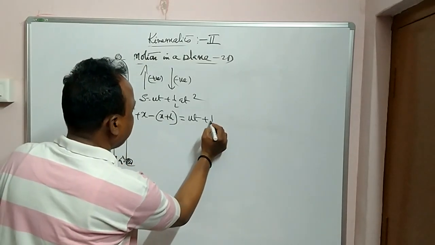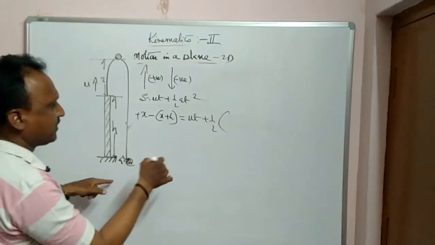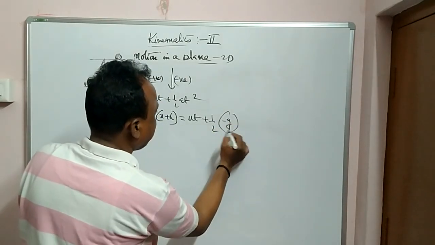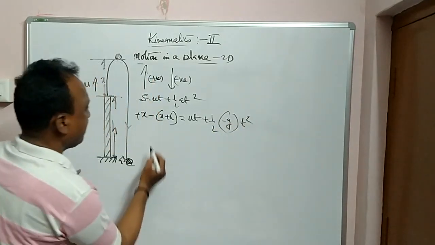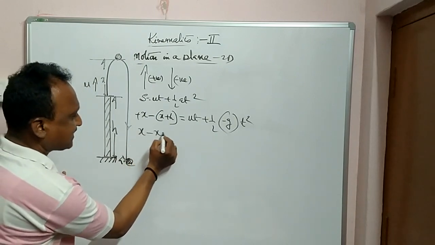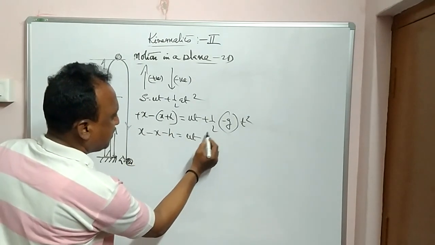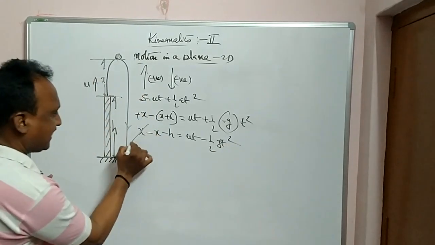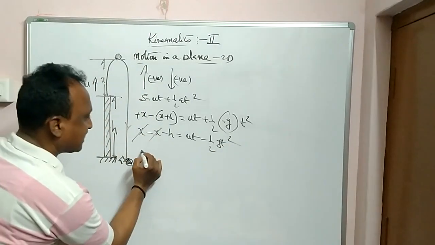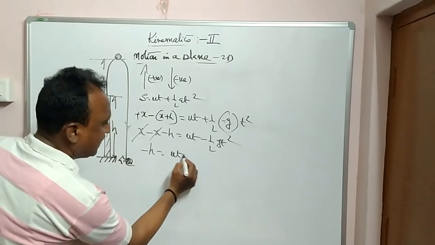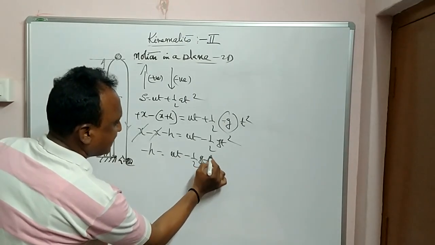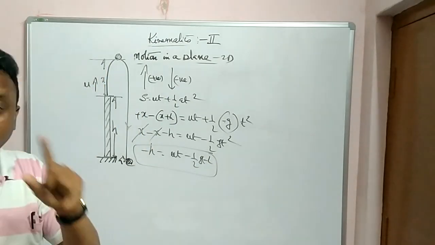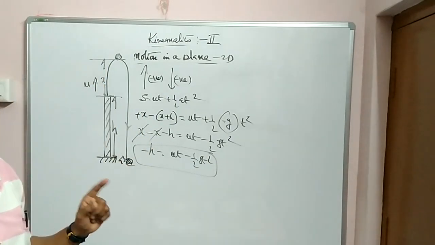So ut plus half g, coming downwards, g negative, t square. So x minus h is equal to ut plus into minus half gt square. X gets cancelled. The final equation is minus h is equal to ut minus half gt square. This is the equation for vertically projected bodies from the top of a tower or a building.